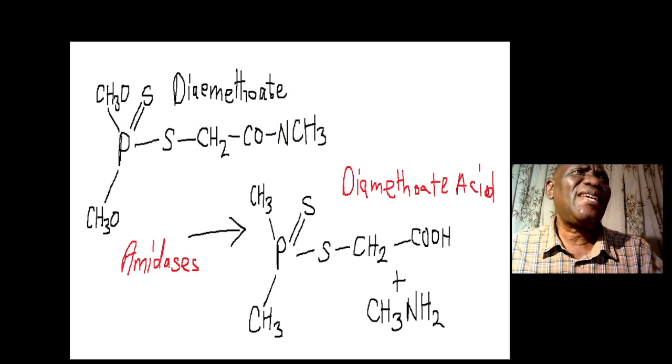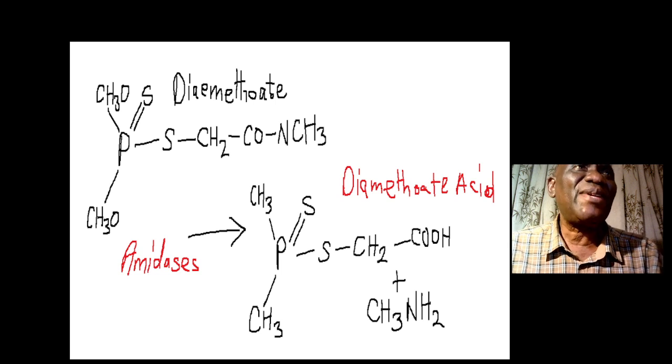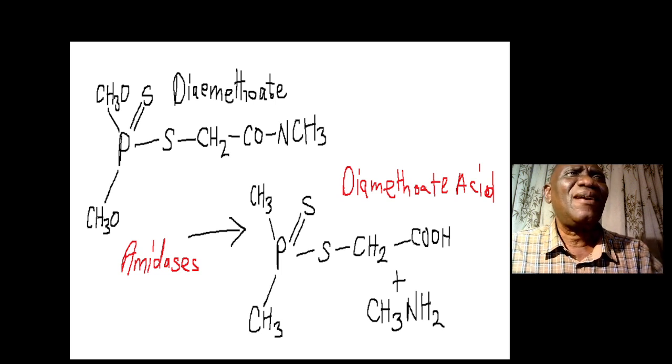What you see here is the structure of dimethoate, a common insecticide. Now, if it enters an insect, amidases are going to break it down into dimethoate acid and this CH3NH2.